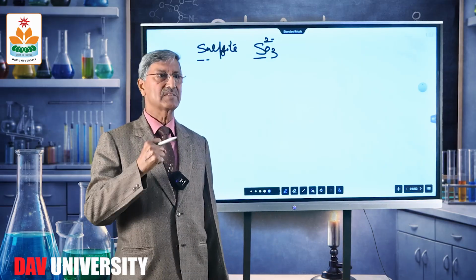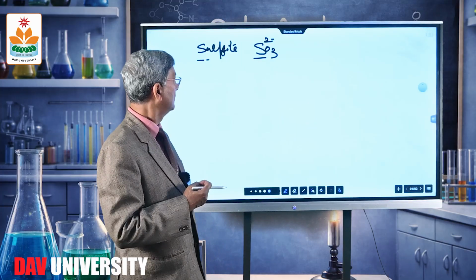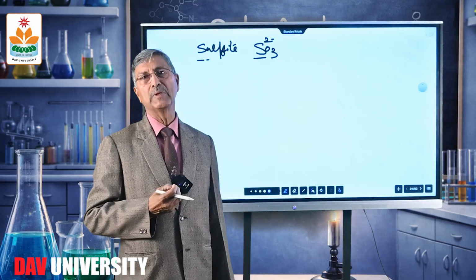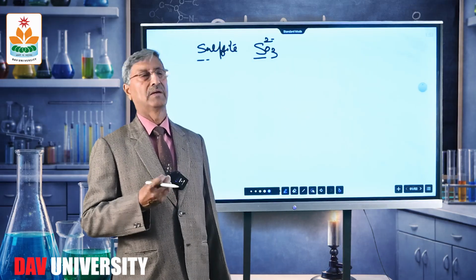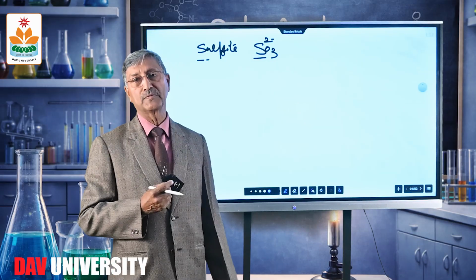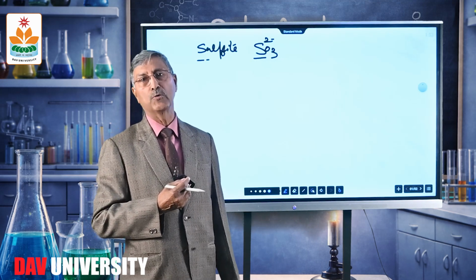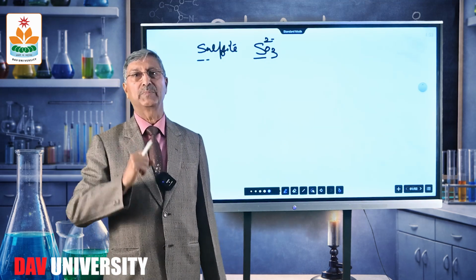So we perform this test for sulfite with soda extract only. As usual, we take about 1 or 2 milliliters of soda extract, add a few drops of acetic acid, heat it, and then add about 1 milliliter of barium chloride solution in water. If sulfite is present, then we'll get a white precipitate.